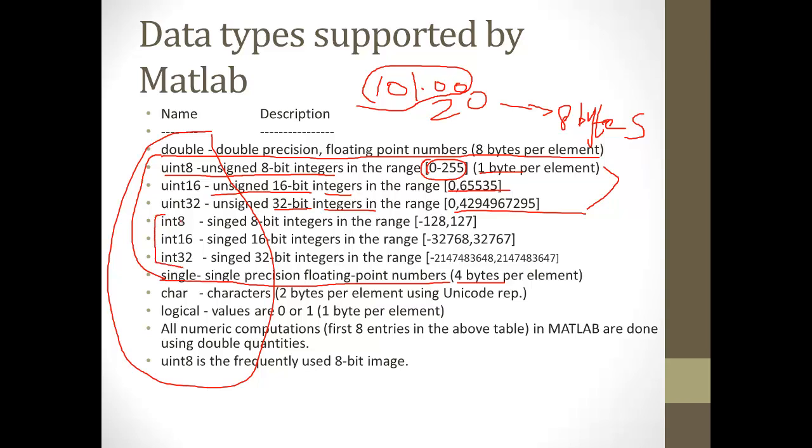Okay, we also have 3 types. One is 8 bits. The range will be from -128 to +127. Also, there is a signed 16-bit integer in the range from this one to this one. And the signed 32-bit integer in the range this.